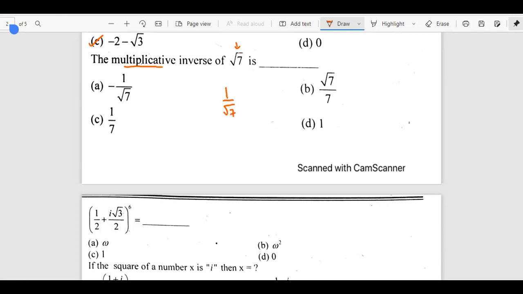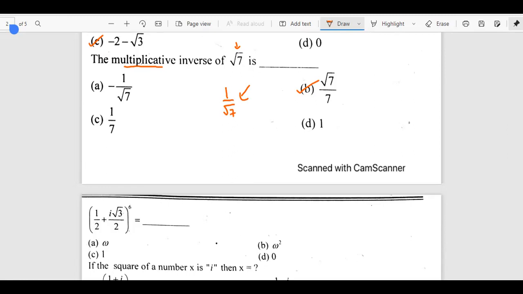So if you do this on calculator, you will see that this basically is B. Just check this on your calculator, and this holds for many numbers in maths. If you have 1 divided by under root 7, you basically have under root 7 by 7. Just check that on your own.